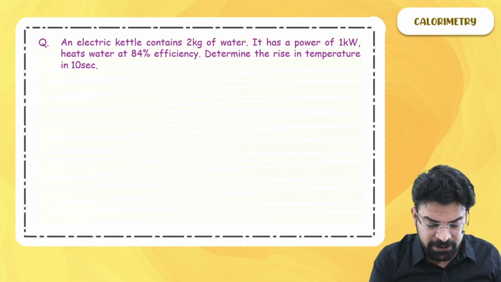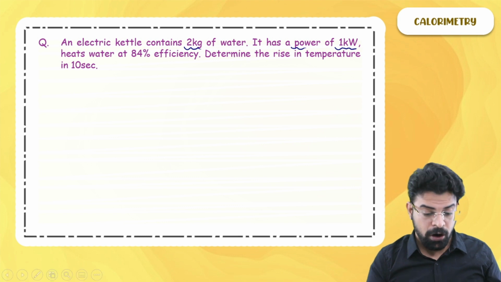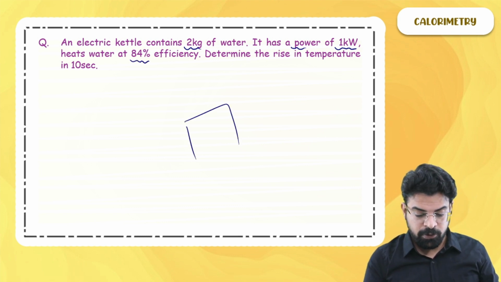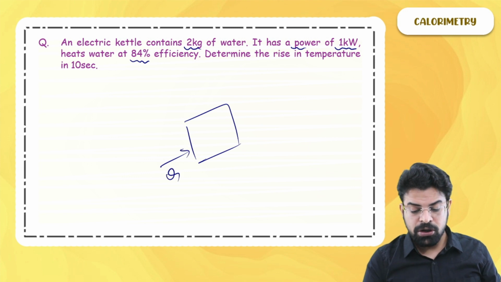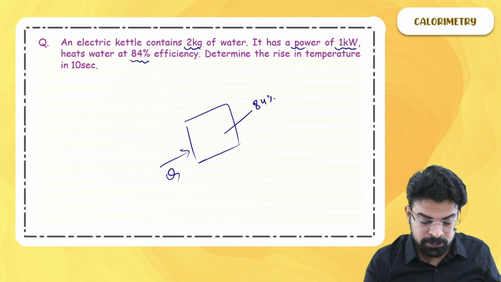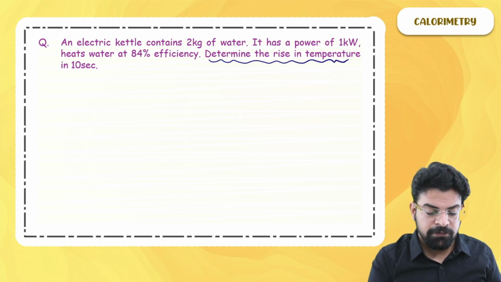So an electric kettle contains 2 kg of water. It has a power of 1 kilowatt, and heats water at 84% efficiency. So if you provide some energy input, only 84% of that energy input to the kettle is provided to the water inside. Determine the rise in temperature of the water in 10 seconds.